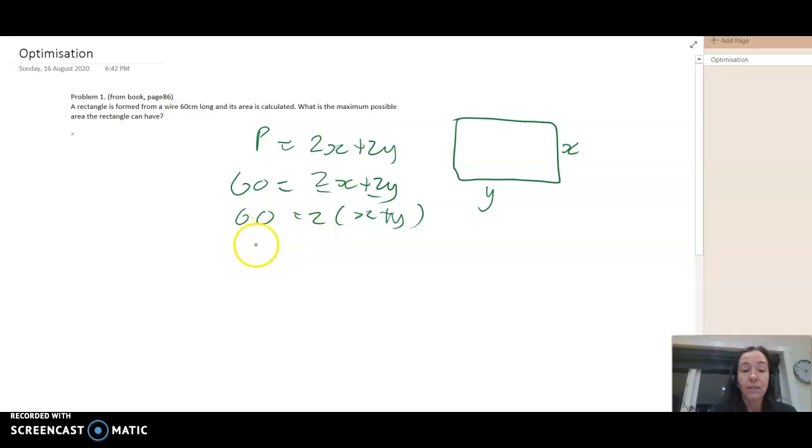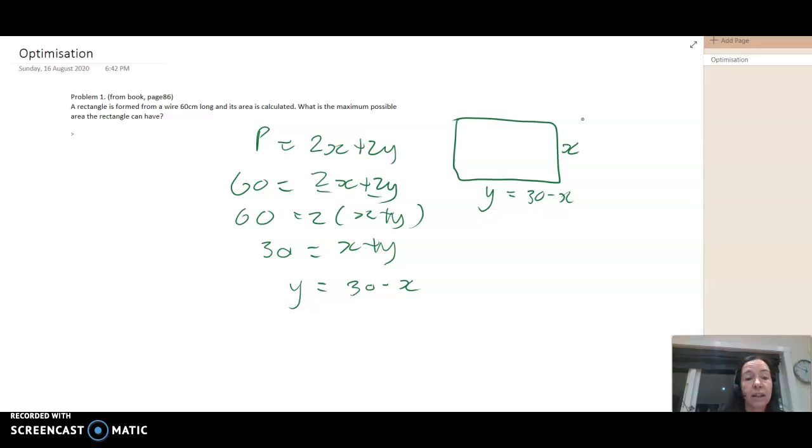So 60 divided by 2 is 30 equals x plus y. So y will equal 30 minus x. I now have my rectangle in terms of x.